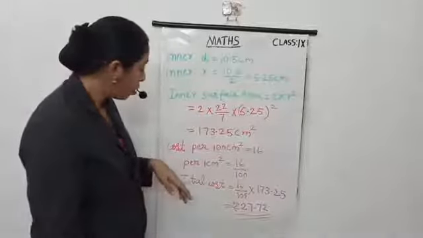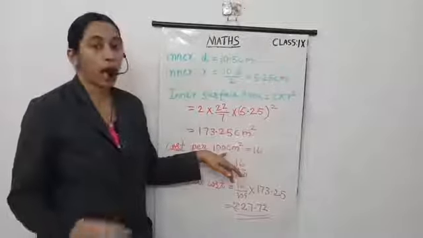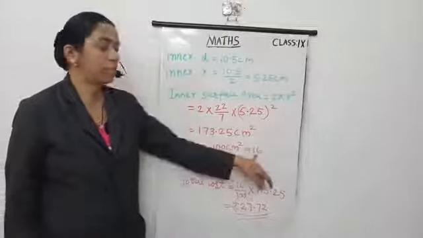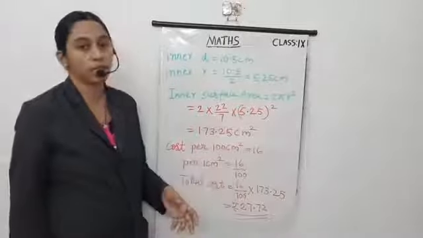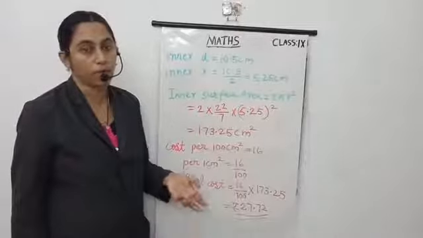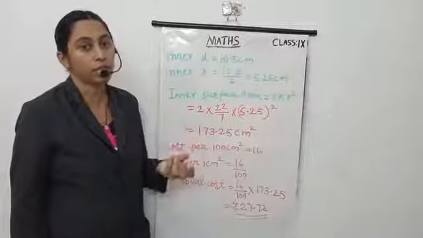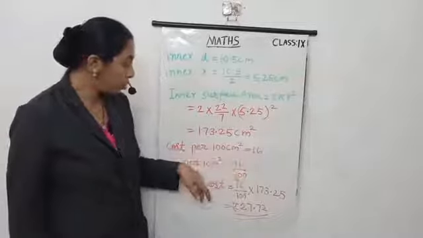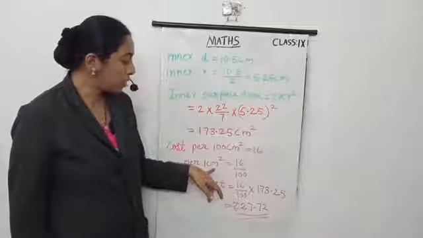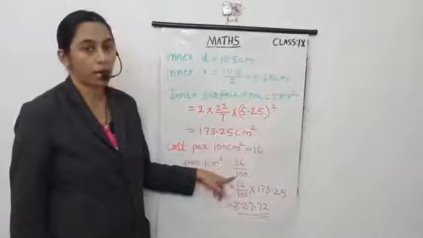Now we need to find the cost of plating. Okay. So given cost per 100 centimeter square is 60. We always need per 1 centimeter square or per 1 meter square, like that. We need unit cost. So we convert this into per 1 centimeter square, 16/100.